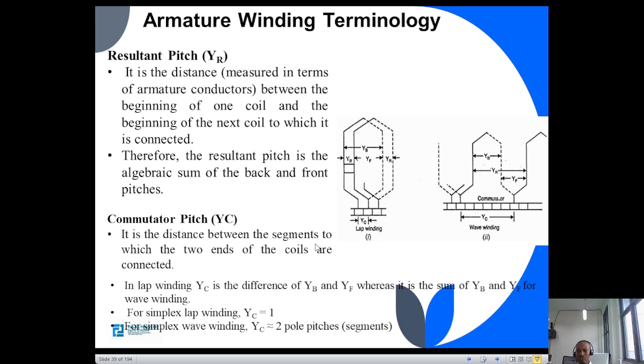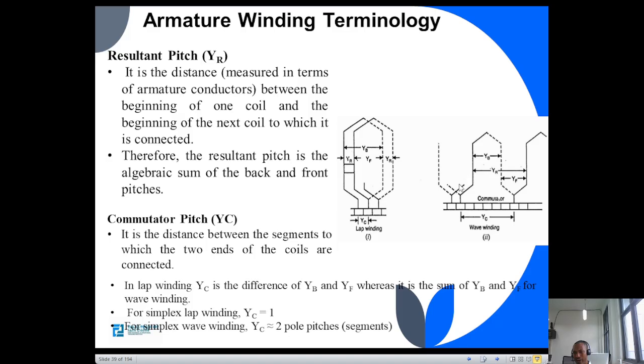The other important term is commutator pitch. It is the distance between the segments to which the two ends of the coil are connected. This is the start of this coil, and it ends at this commutator segment. So the distance between these two coil ends is called the commutator pitch. This is a lap winding.